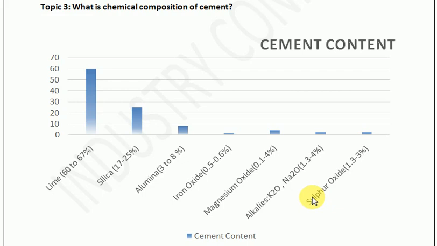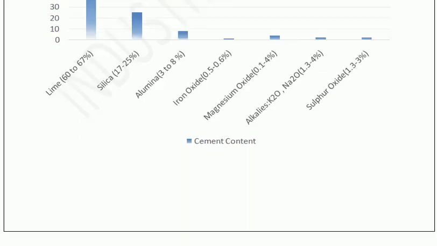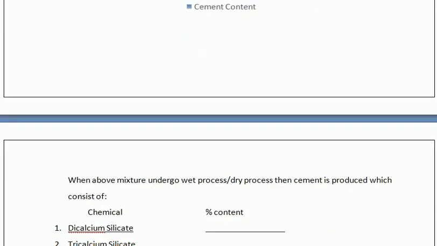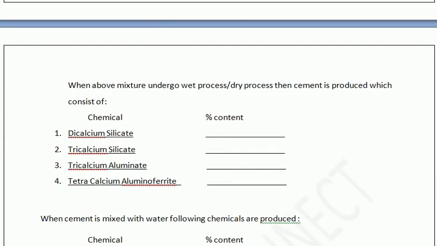Now we come to the second step. In the second step we will understand that once this raw material is processed into cement, what chemicals are formed. So basically cement is nothing but these four chemicals which we can see. First is dicalcium silicate.